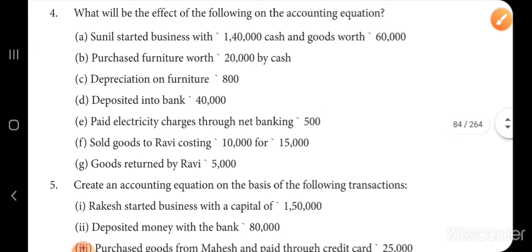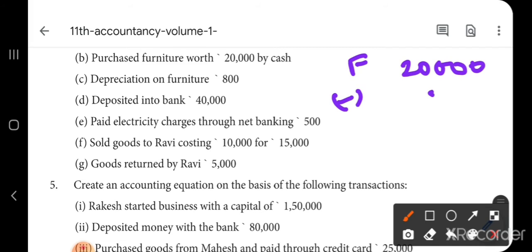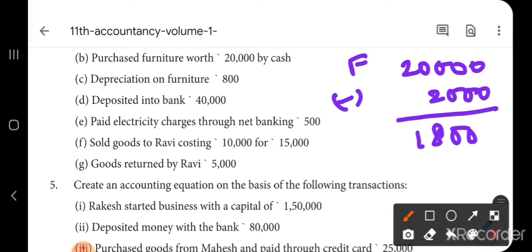Next, depreciation on furniture. Depreciation on furniture, say suppose for example the furniture amount is 20,000. Okay, now when you provide depreciation, say for example 10%, that is 2,000. Okay, what happens? The value of furniture is reduced.